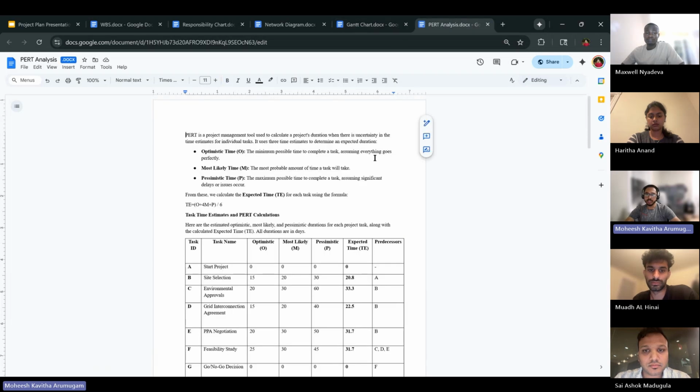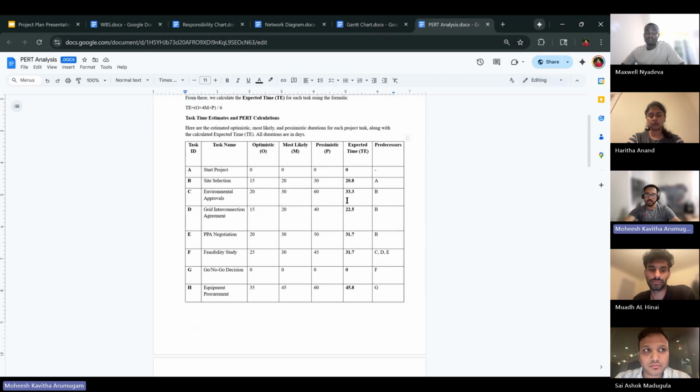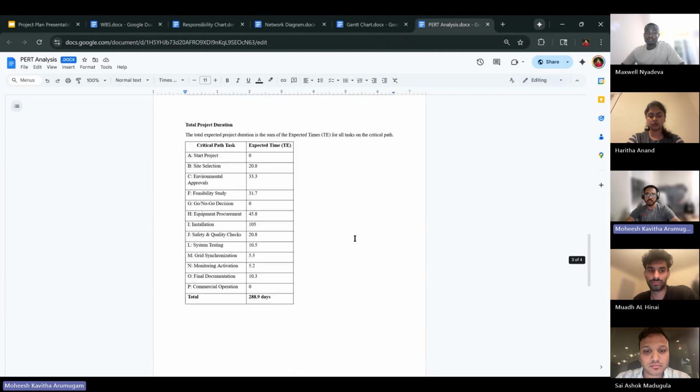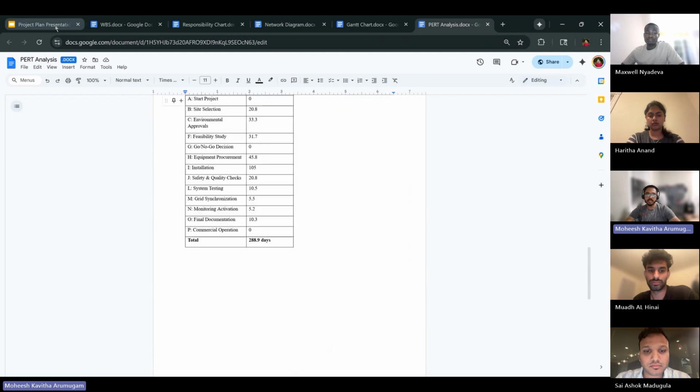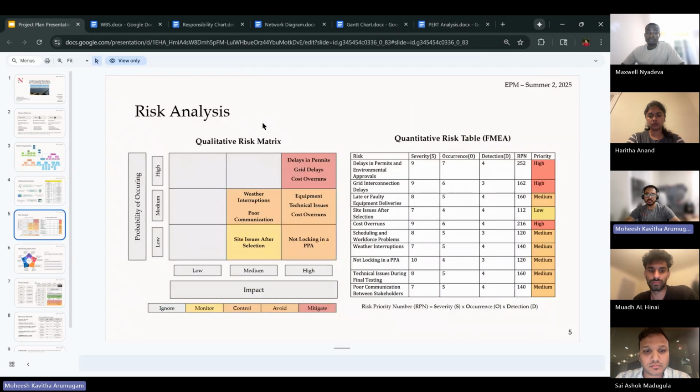Finally, we have the PERT analysis, where this tool helps us calculate a more realistic project timeline by using three estimates: optimistic, most likely, and pessimistic. Based on this, we have determined the project critical path, the longest sequence of tasks, which is about 289 days.